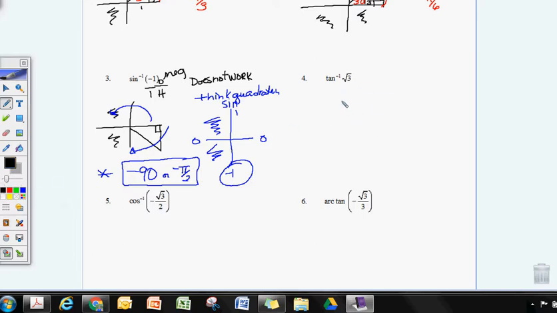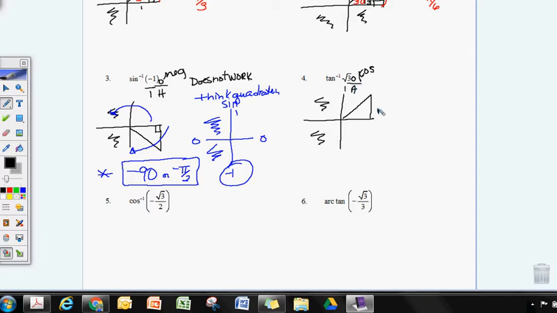Tangent inverse. So we're finally into tangent. Tangent is found in either quadrant 1 or 4. It is positive, so it would be drawn in quadrant 1. Tangent stands for opposite over adjacent.